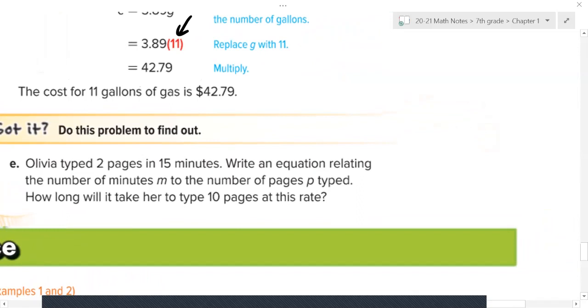So if I were to do it the way they just did it, let's find the unit rate. She does 2 pages in 15 minutes. So that means her unit rate is 7.5 minutes per page.